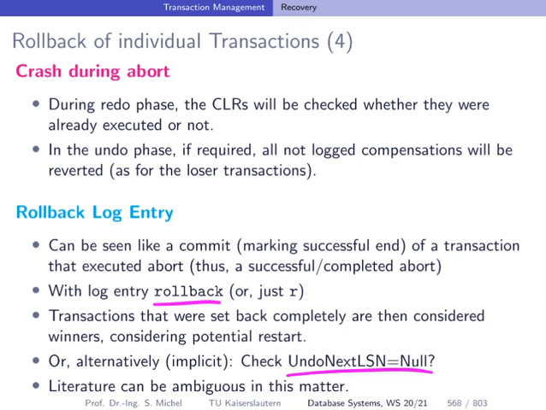So perhaps you're saving a little bit of computation or I/O when you're doing this trick with the rollback, because in the analysis phase you would not identify those which are successfully rolled back. So you don't have to at all look at this entry here. But for the semantics, for the correctness of the recovery, this is all the same.